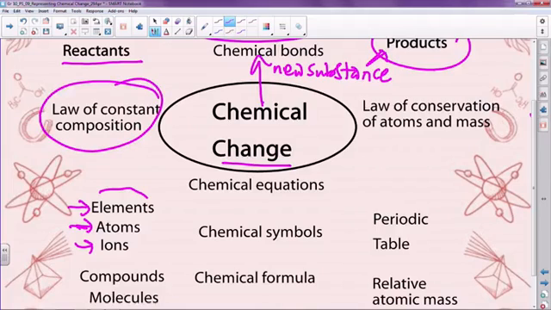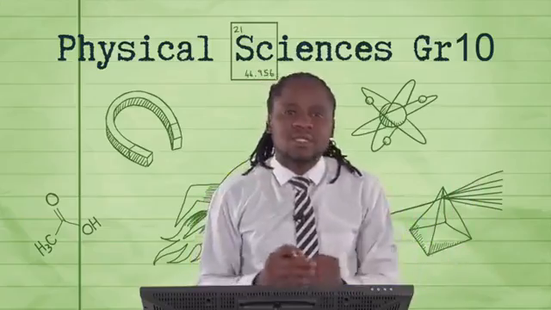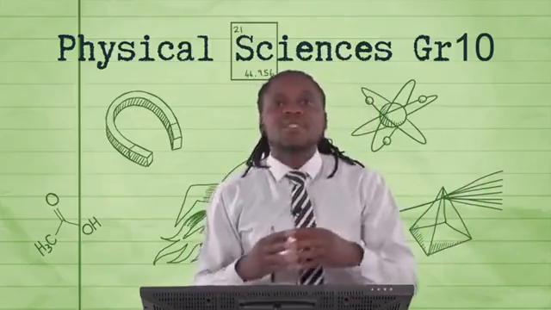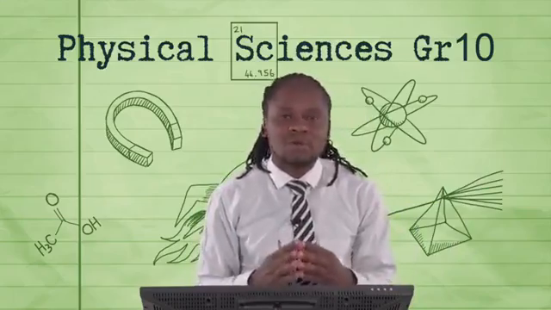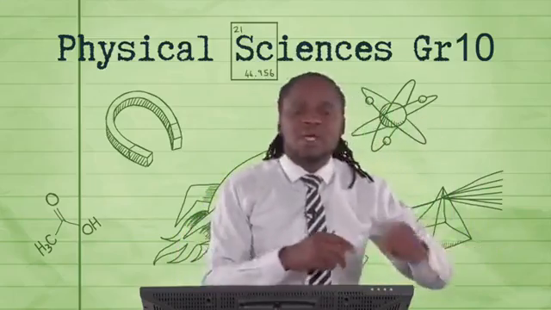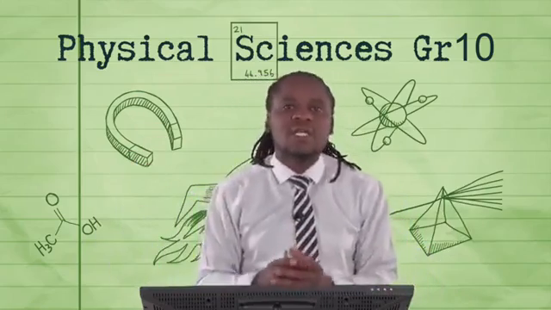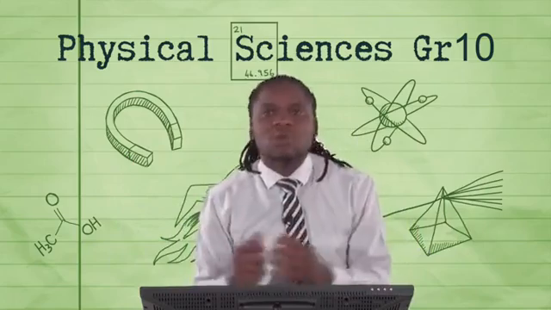What we're saying, just in passing, is that if you have particular substances as reactants, it certainly means that even the products must consist of the very same type of atoms. If we start with sodium and hydrogen on the left, the products must contain the same elements or atoms or ions.